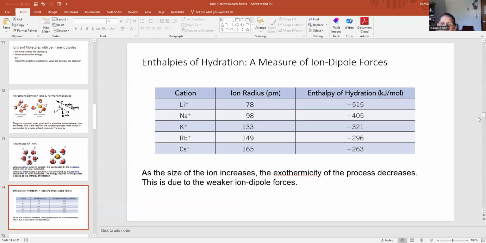As you go down group 1, the size of the atom increases, and therefore we see that the enthalpy of hydration in kilojoules per mole decreases from lithium to cesium, leading to the conclusion that as the size of the ion increases, the exothermicity of the process decreases. This is due to the weaker ion-dipole forces.